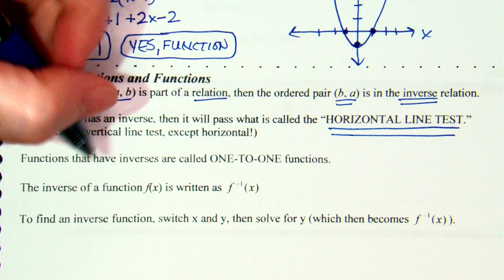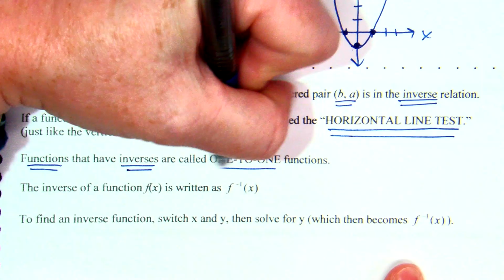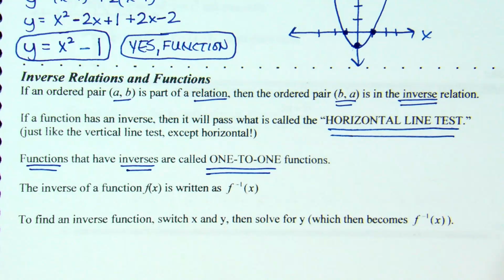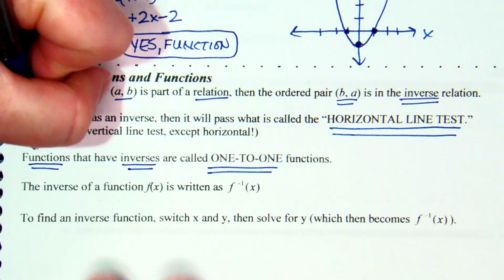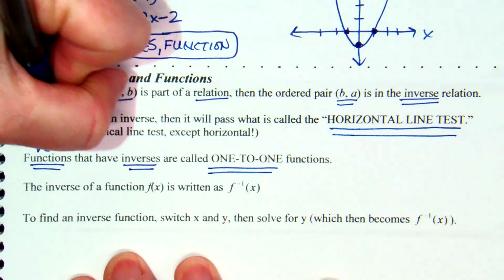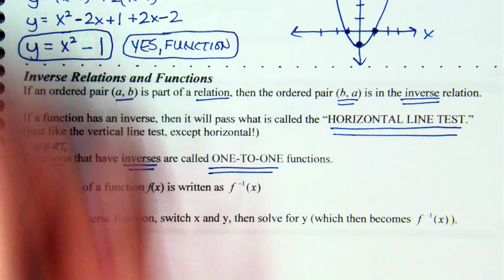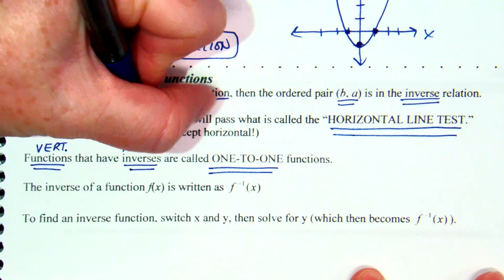Now, functions that have inverses are called one-to-one. Okay, think with me here. How do we know something's a function? It passes the vertical line test. How do we know if something has an inverse? It passes the horizontal line test.